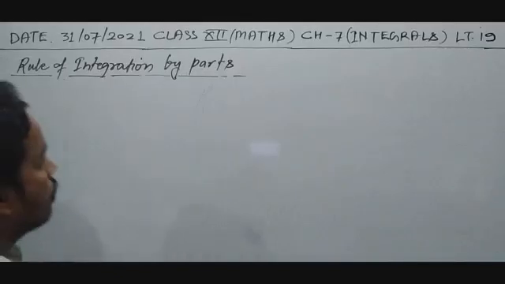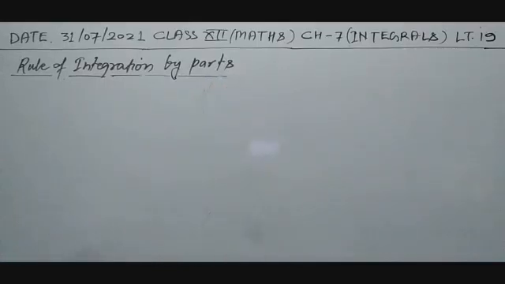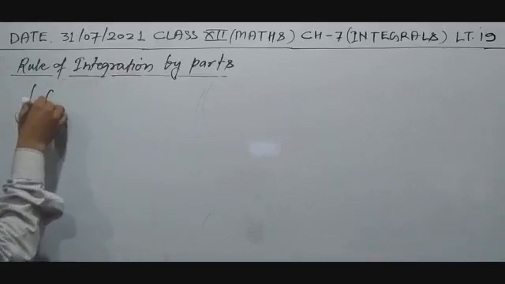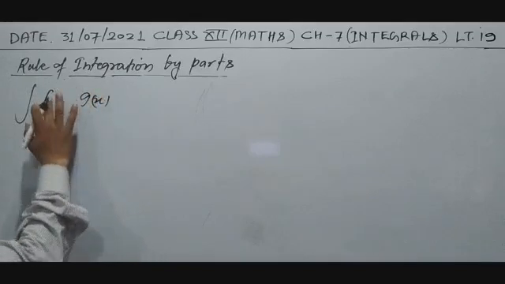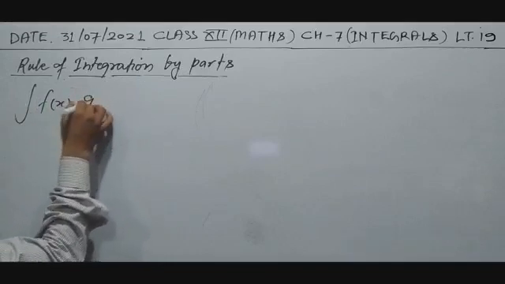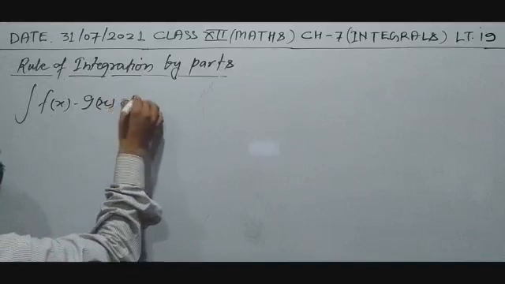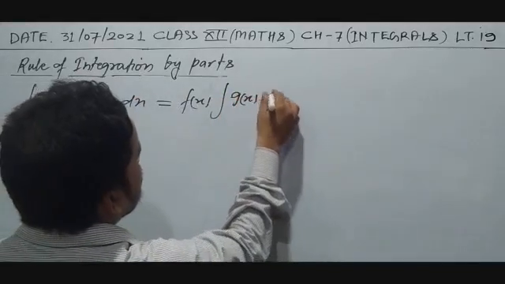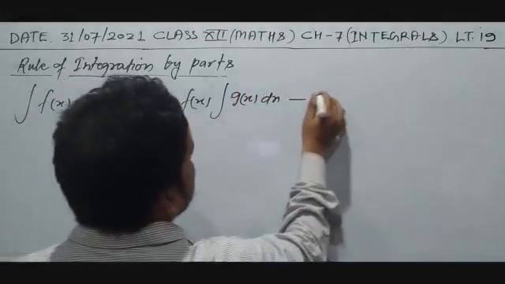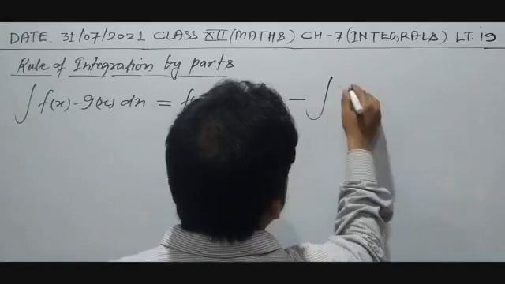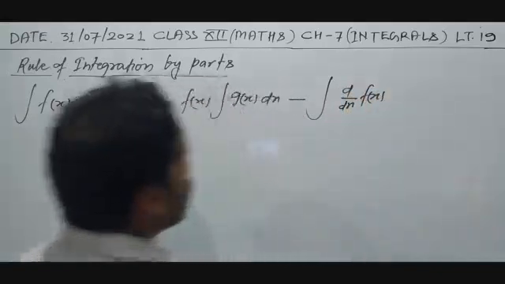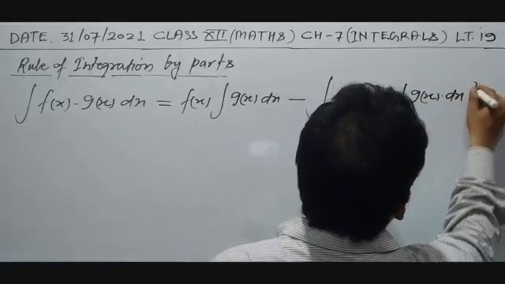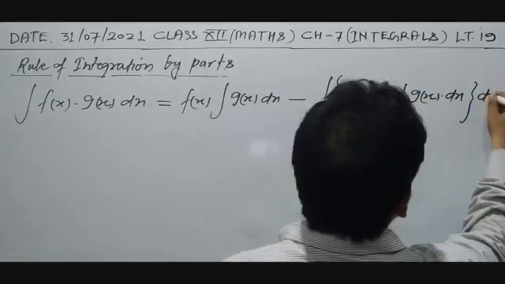Integration of fx into gx dx, you know the formula: first function, integration of second function, minus integration over d by dx of first function into integration of second function whole dx.